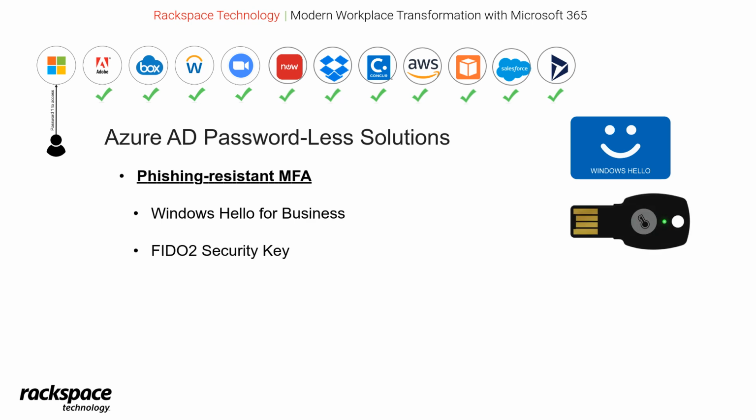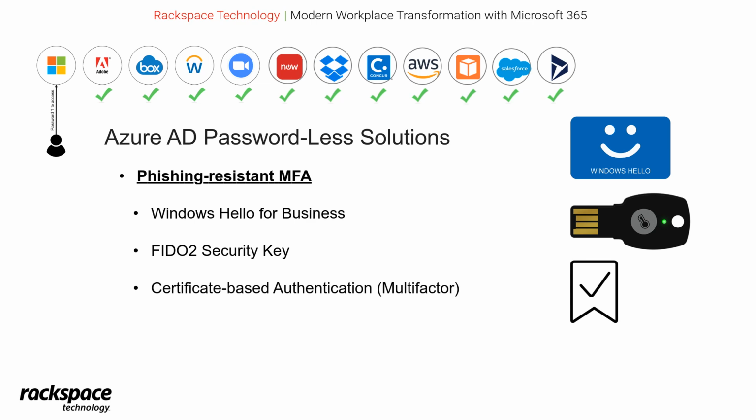If you want to take it a step further, there's FIDO2 security keys, which can be utilized to encrypt your session between your identity and the resources you're accessing. And there's certificate-based authentication.